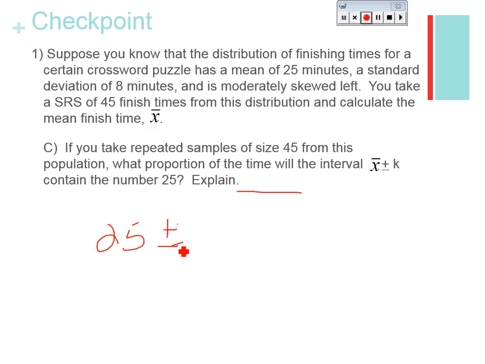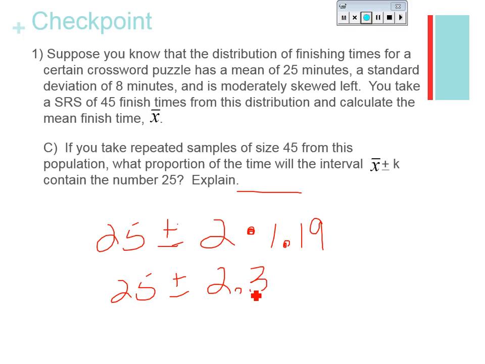And the margin of error I'm going to find by multiplying the critical value, which in this case is 2 because 95% of the data values fall within 2 standard deviations of the mean. I'm going to multiply that by the standard deviation of the sampling distribution, which when I multiply that out, this comes out to be 25 plus or minus, we'll call this 2.38.